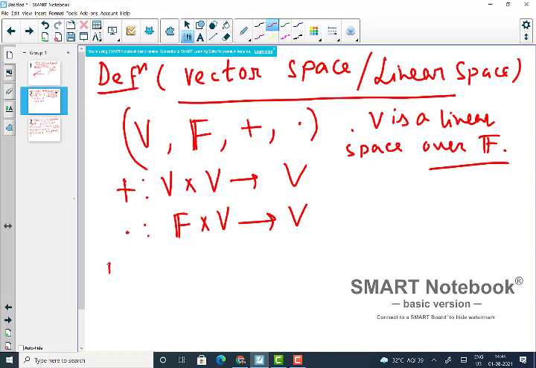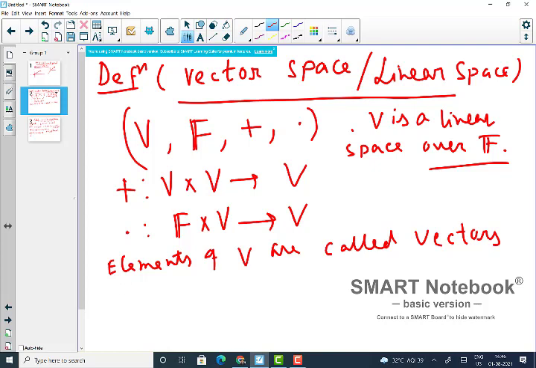Okay, and so elements of V are called vectors, and elements of F are called scalars.